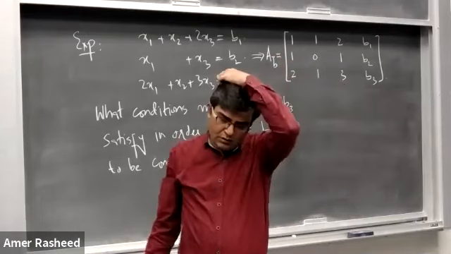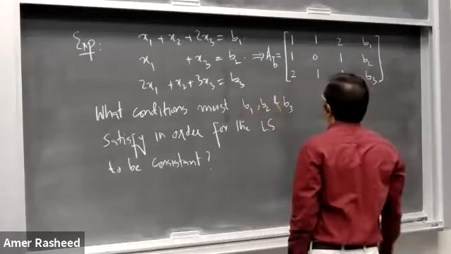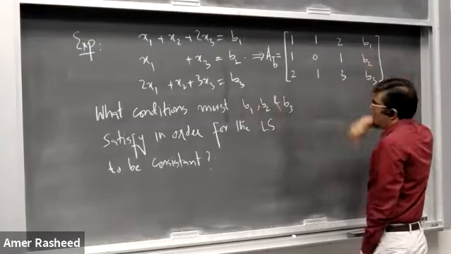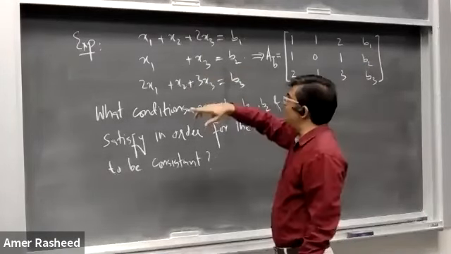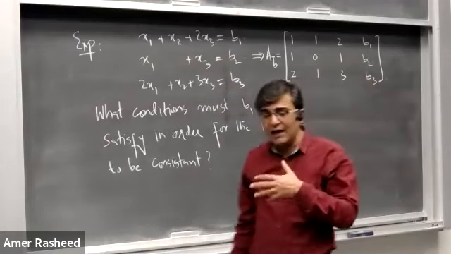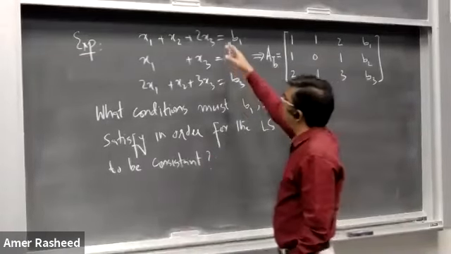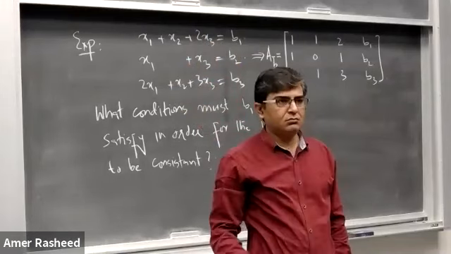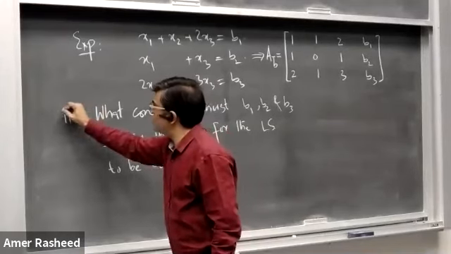Now, if you want to find some conditions which B1, B2, B3 must satisfy in order for this linear system to be consistent, what you have to do. Again, for example, if I ask you, prove that this linear system is consistent, what do you do? You can call this the second question.